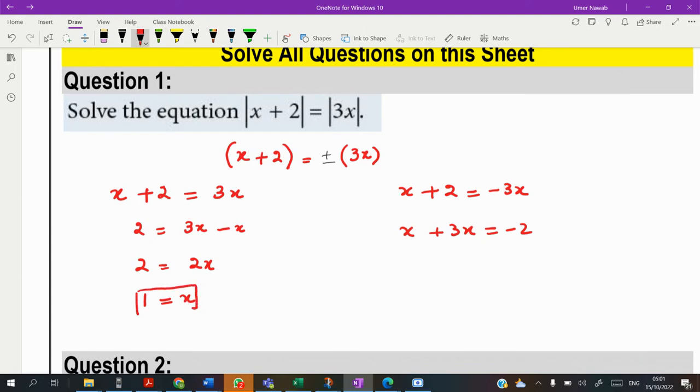So here we got the first critical value, which is x is equal to 1. For the other, x plus 3x is equal to negative 2, so 4x is equal to negative 2, and x is equal to negative 1 over 2.